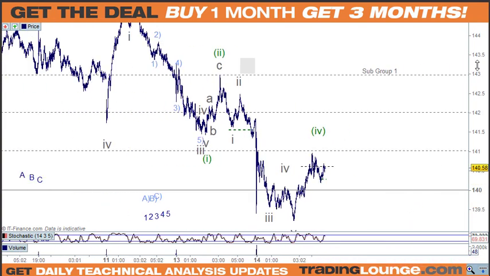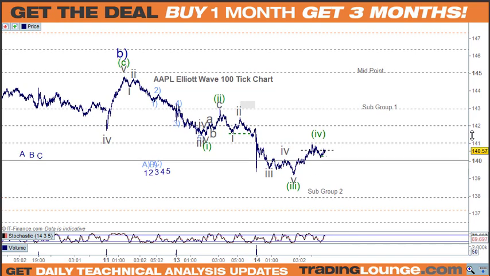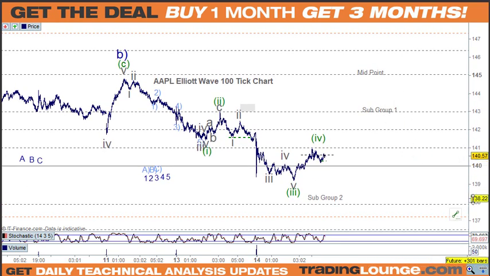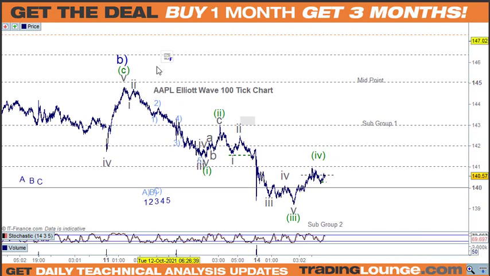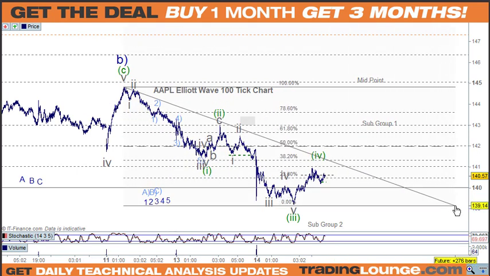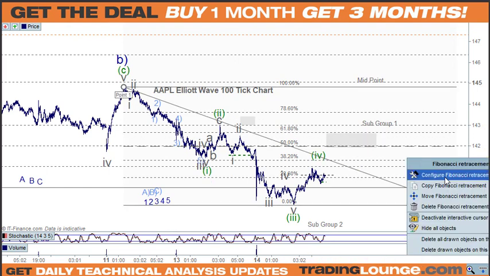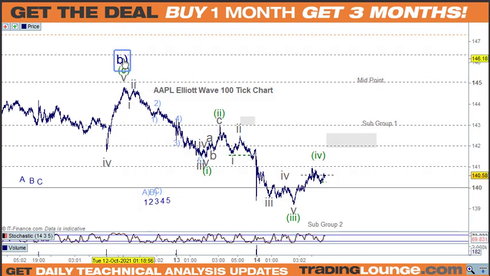Can I read it any other way? The only other way I could read it would be if it came up here, then I would need to change a few other things. So the other point that it could do, I doubt it, but anyway, I'll just put this here. And then what I would need to do at that point, I would need to change this here.